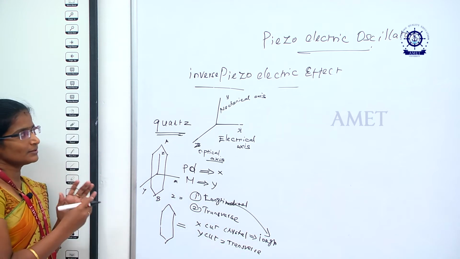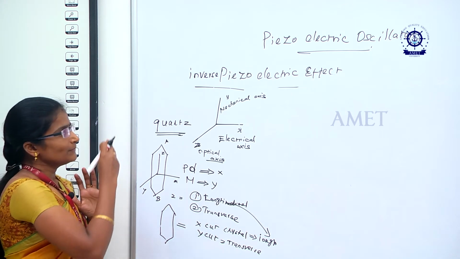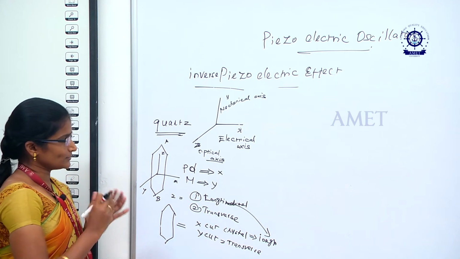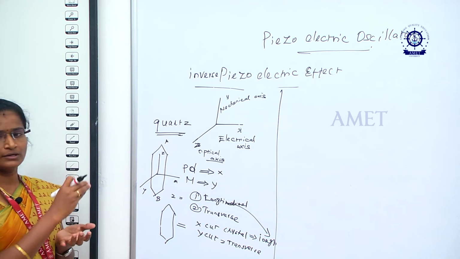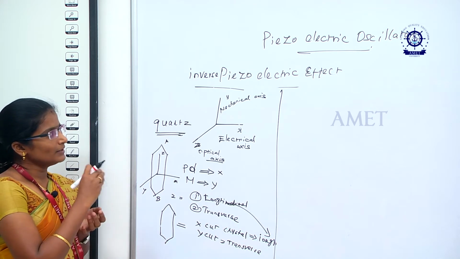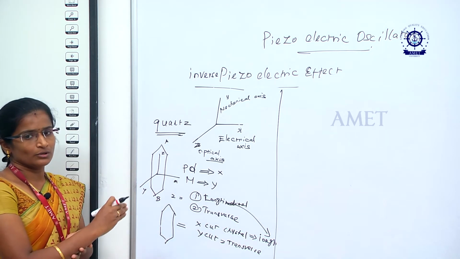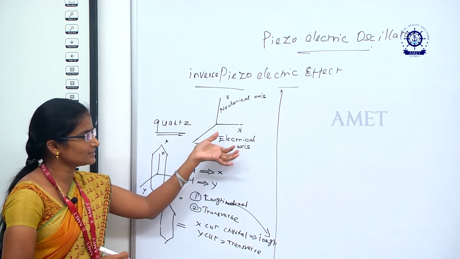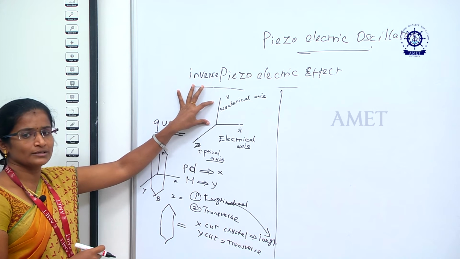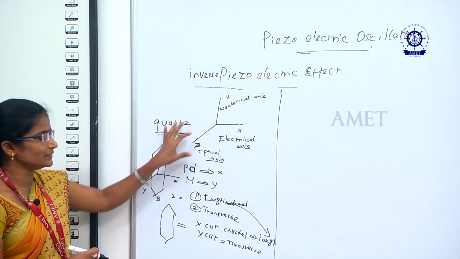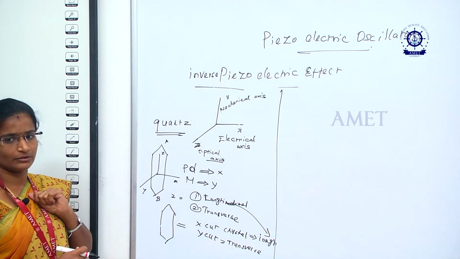So this is the basic principle before we see the piezoelectric oscillator. Again, the piezoelectric oscillator mainly focuses on the inverse piezoelectric effect. We give a potential difference on the X axis, mechanical strain is produced at the Y axis, and only then does the optical axis produce the ultrasonic waves.